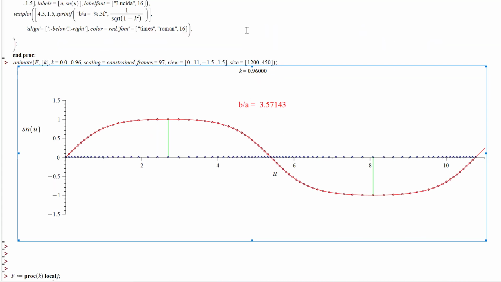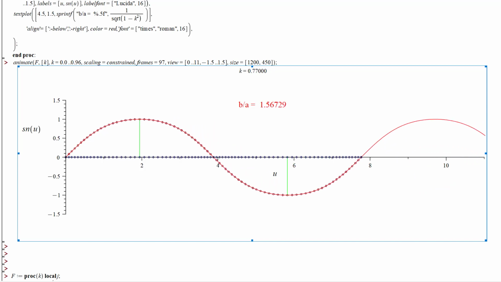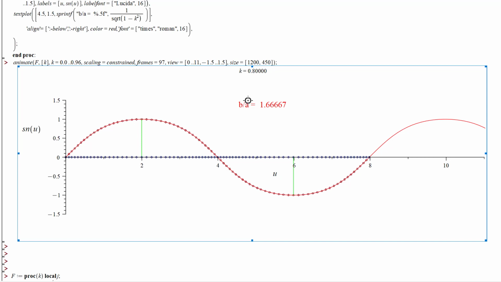This is with 0.96. If I go to 0.8, again, a little less stretching, but then the maximum stretch is at 1.667-ish. So if you look at the values there, I'm seeing u now on the horizontal axis.